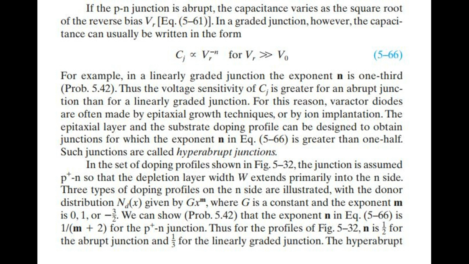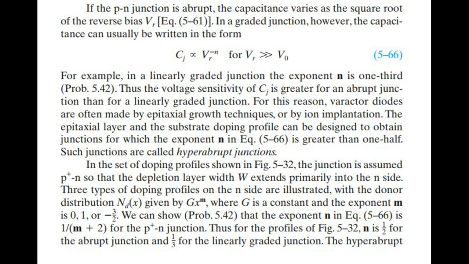Three types of doping profiles on the N side are illustrated, with the donor distribution Nd(x) given by Gx^m, where G is a constant and the exponent m is 0, 1, or 3/2. We can show, Prop 5.42, that the exponent n in EQ 5-66 is 1/(m+2) for the P+N junction.